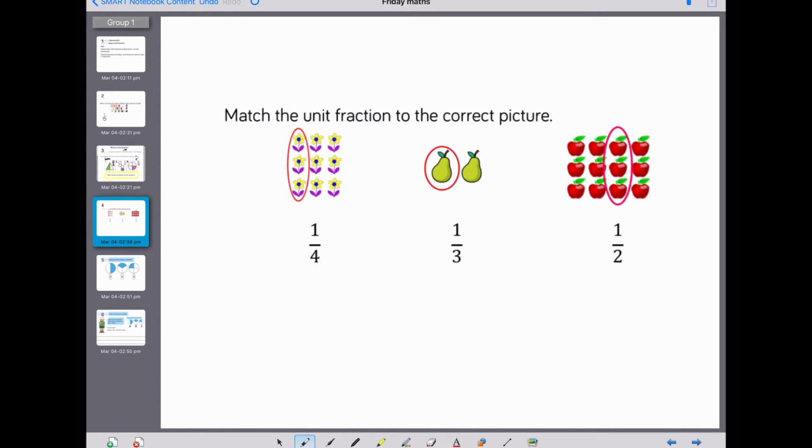Look at these pictures of unit fractions. We need to match up the pictures to their unit fractions A, B or C. Let's look at the flowers first of all. What unit fraction is shown in the picture?